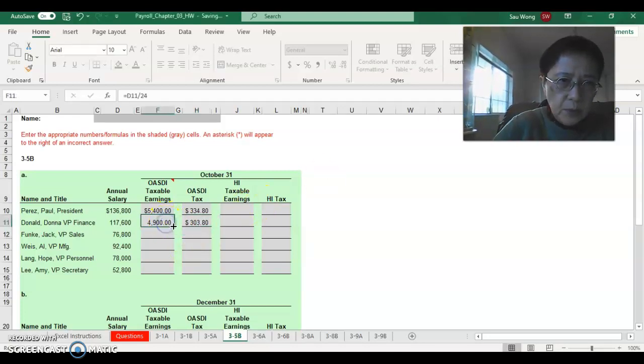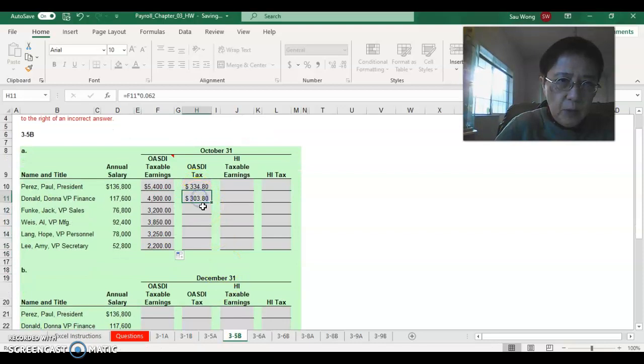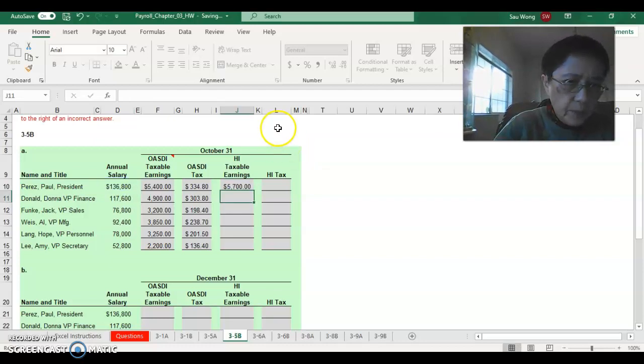So this one, we need to copy it down. Same thing with OASDI, for the rest we need to copy it down too. And HI, the Medicare, has no cap, so it would be D10 divided by 24 payments. And then we copy it down.